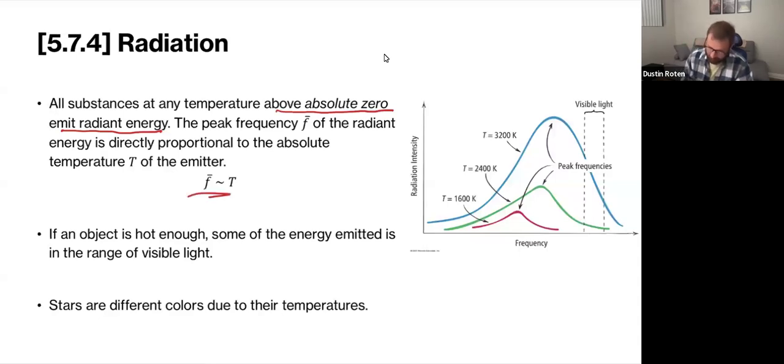Okay, now let's think about what that means. Obviously, when something heats up, it doesn't just emit one wavelength. You might have some visible light, some heat, some UV light, but things will have a peak frequency, and that peak frequency depends on temperature.